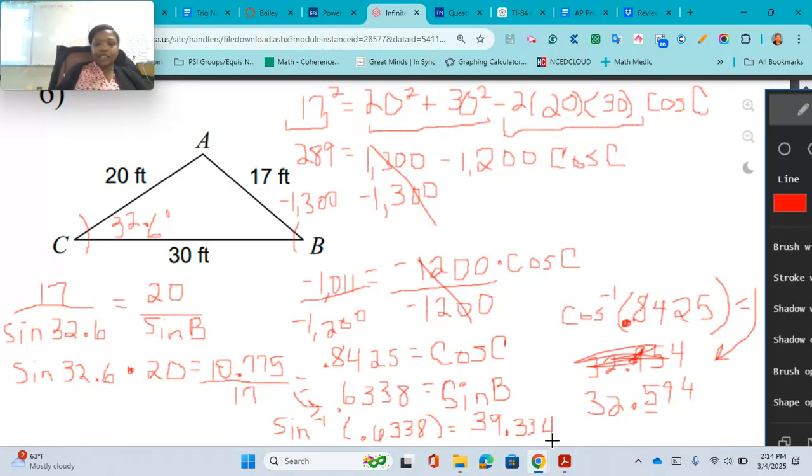We need to round it to the nearest tenth, so our answer for the angle B is what? 39 what? Tenth place. 39.3 degrees.